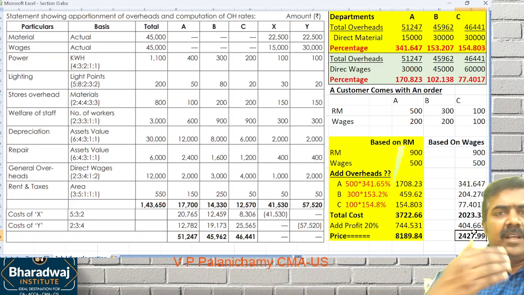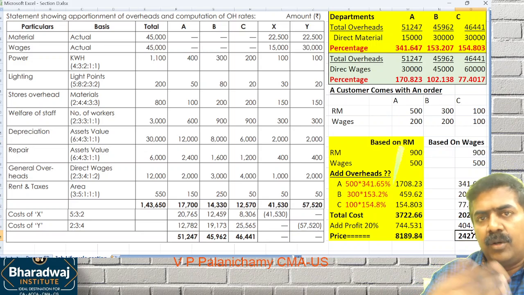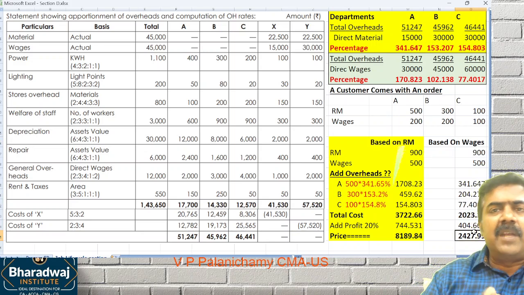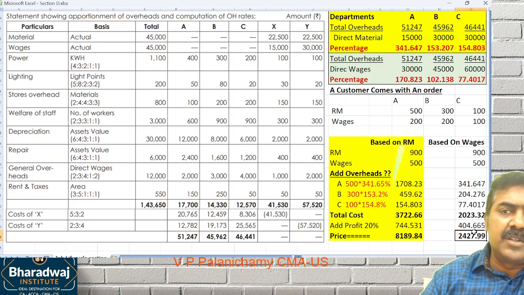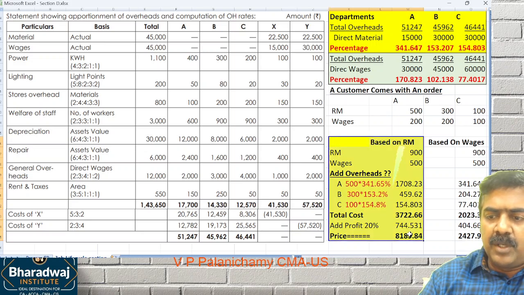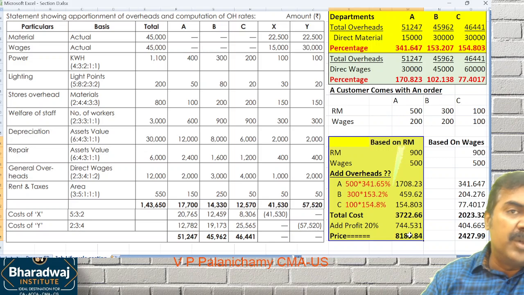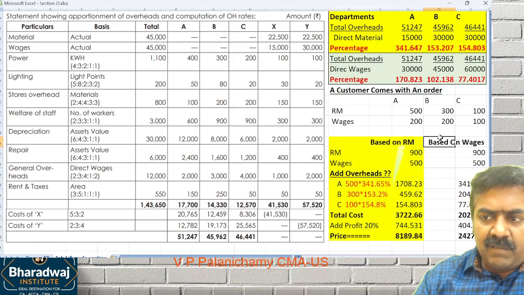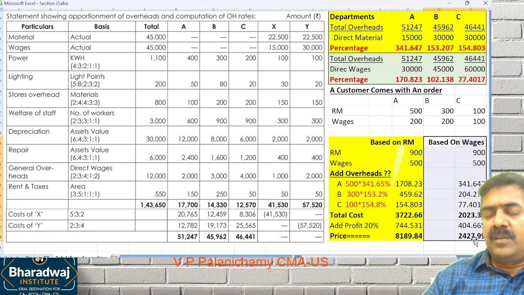For example, in case of diamond polishing and cutting, gold ornament making, wherever material is most important, you can absorb the overheads based on material. Wherever work is important, for example, let us take a silk sari.